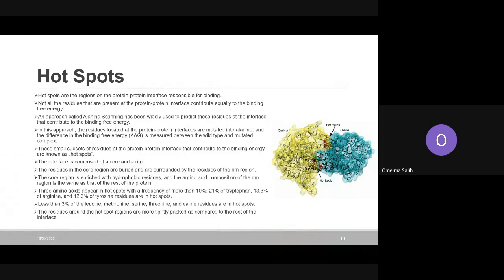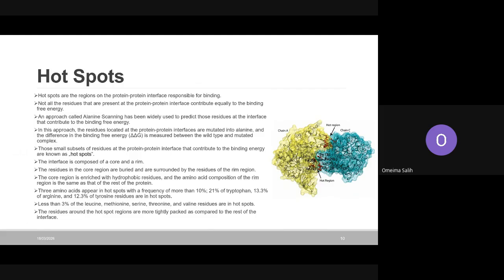So its presence doesn't have any effect, but at the same time we use it to replace certain amino acids within the polypeptide chain, to check whether the polypeptide chain goes into reaction once a certain amino acid is substituted by alanine, or whether it will remain as it is.